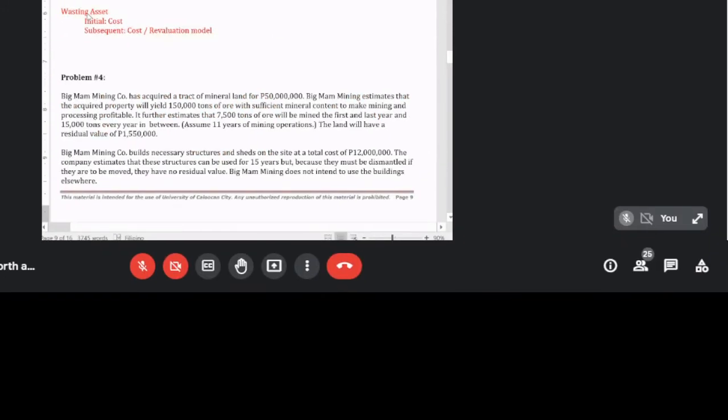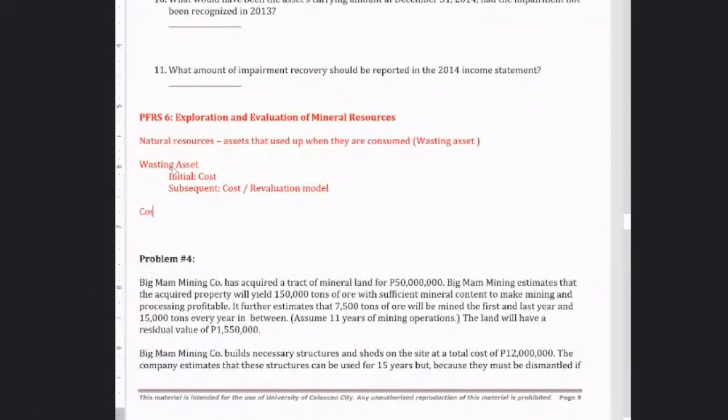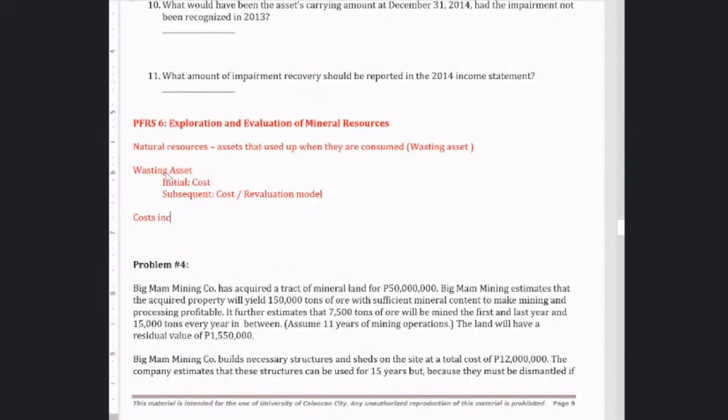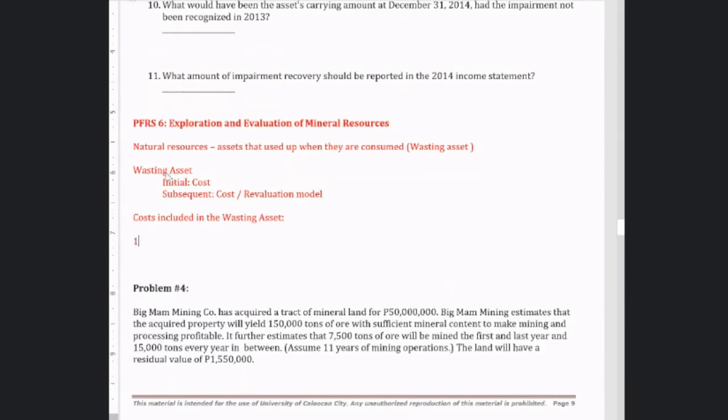So pag-usapan natin ano yung mga costs included sa wasting asset. Una, nasa board naman, sinulat ko na, yung acquisition cost. Ano ba itong acquisition cost na to?